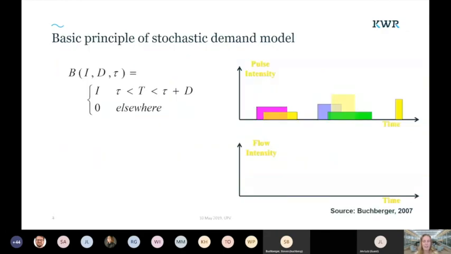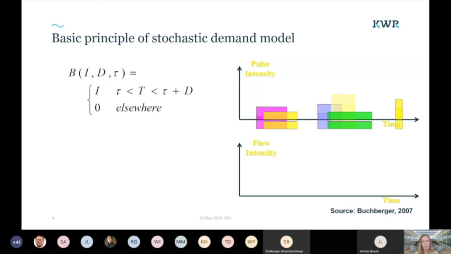So this is a slide that I borrowed from Steve years ago, and it's still the only slide I ever use with an equation on it. So this is how that works. For each event where you draw water, you'll have this block pattern with a certain starting time tau and an end time tau plus d of duration, with a certain intensity or flow rate, and everywhere else it's 0, and you can just add those.